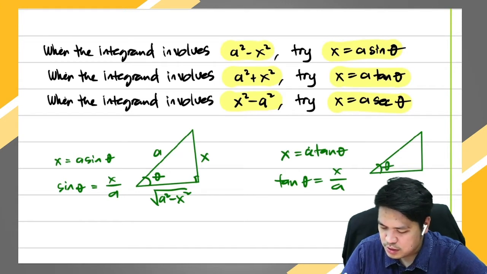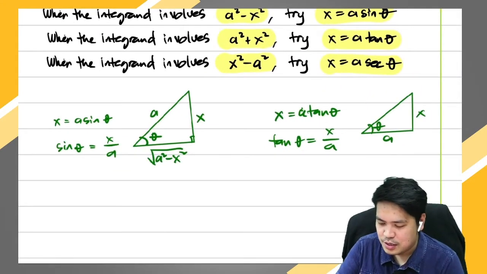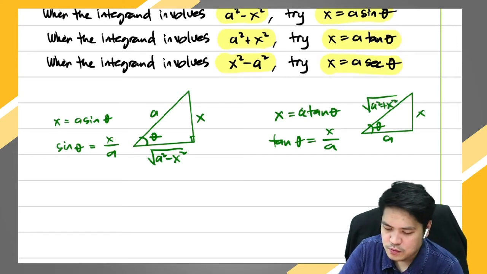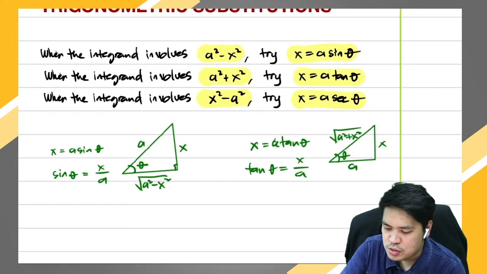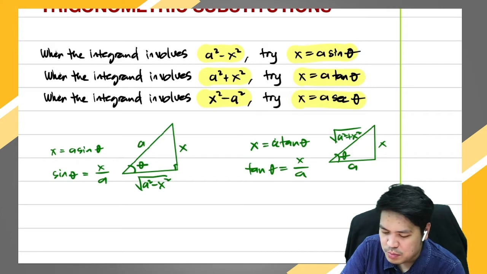Then since tangent is opposite over adjacent, we'll have this triangle, and the hypotenuse would be the square root of a squared plus x squared. So because of this, that is the tangent relationship. And of course, you could also use cotangent here because the relationship is still the same. It's just the reciprocal, right? Or they're just complements. So therefore, you can also use a cotangent theta here.